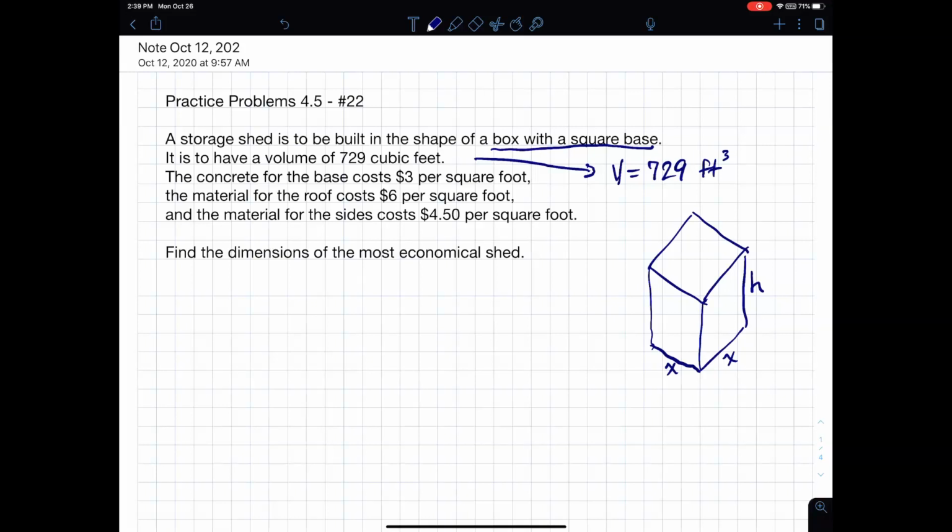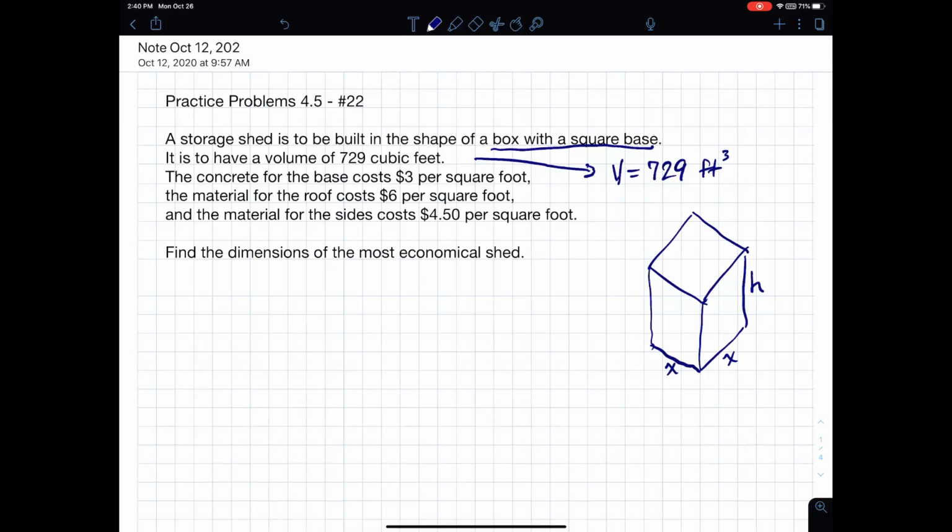The material for the roof costs $6 per square foot. And the material for the sides costs $4.50 per square foot. So depending on which surface of your box you're making, the materials have a different cost. Find the dimensions of the most economical shed.